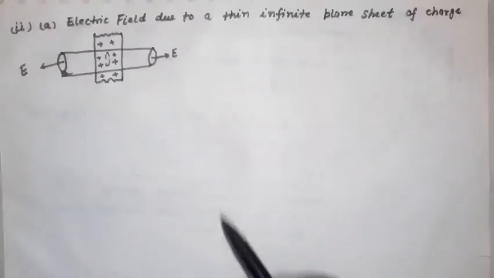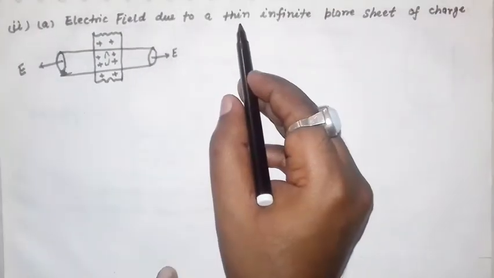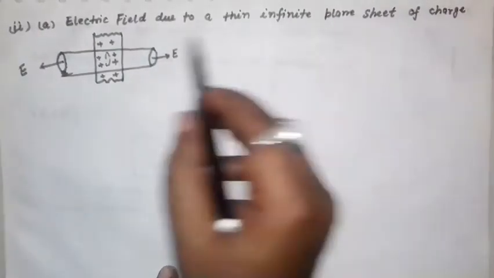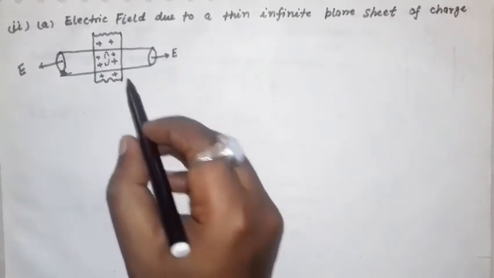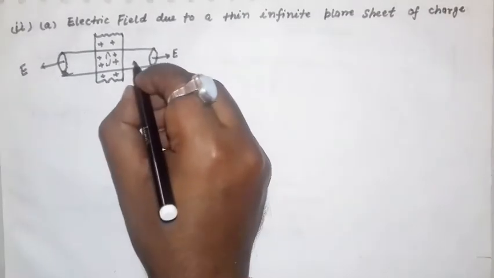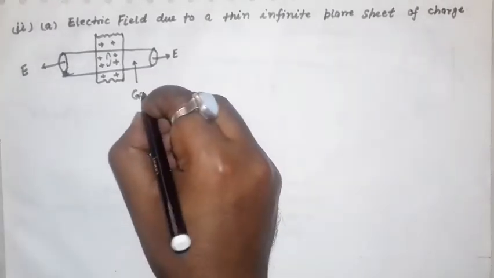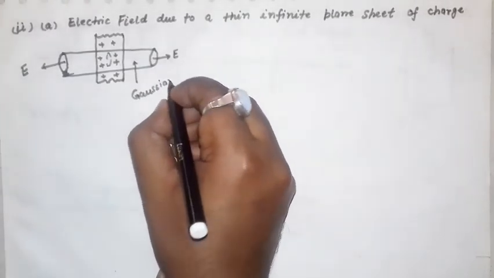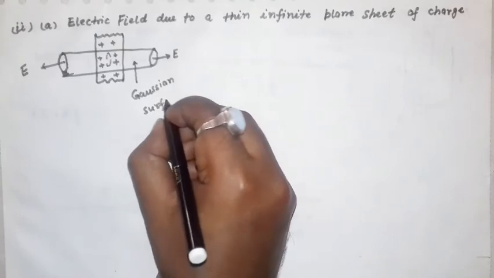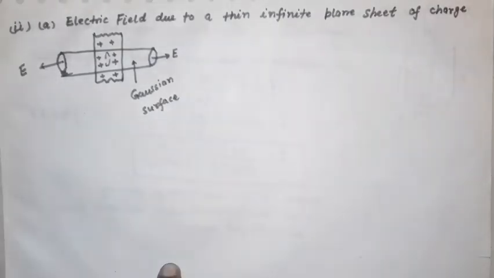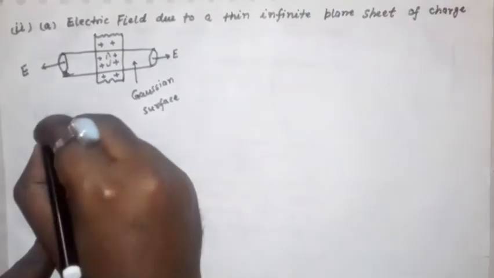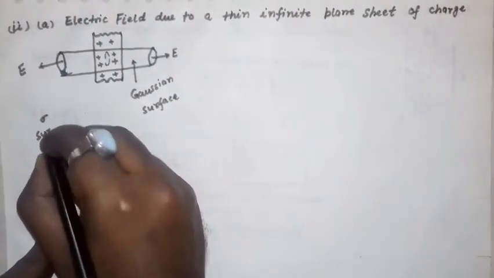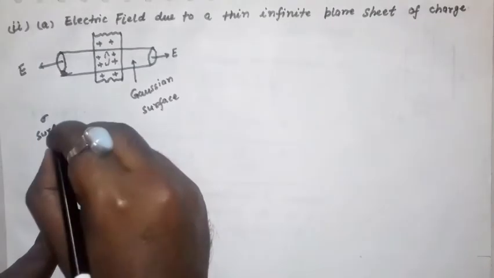In the next case, we have considered electric field due to a thin infinite plane sheet of charge. So here we have considered a plane sheet of charge, which is our Gaussian surface. In this case, we have to consider the surface charge density, which is given by small sigma.